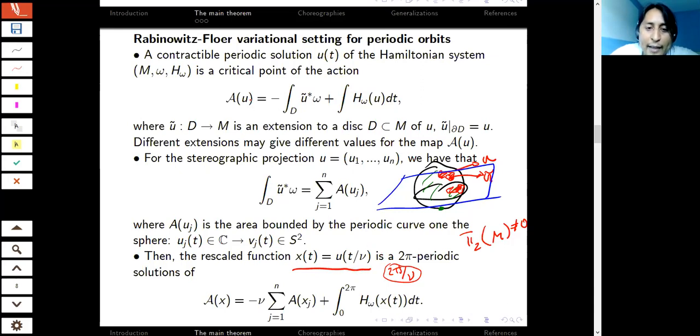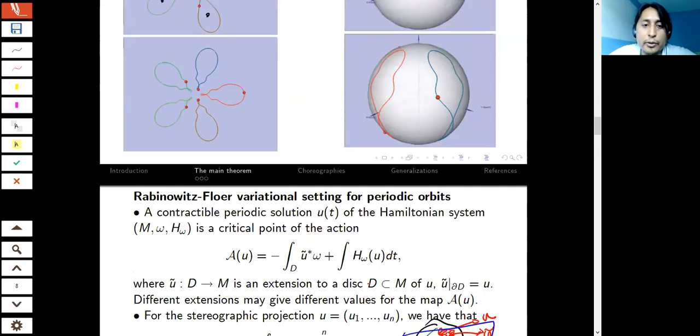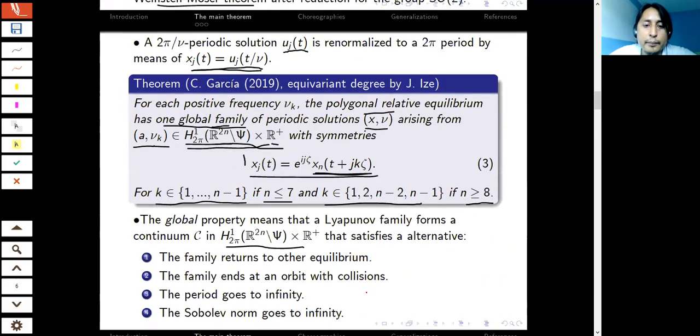The action for x of t is going to depend on nu. The critical points of this action, which is just minus nu times the sum of the areas bounded by the curves x_j, plus the integral of the augmented Hamiltonian, are going to be the periodic solutions of this theorem.